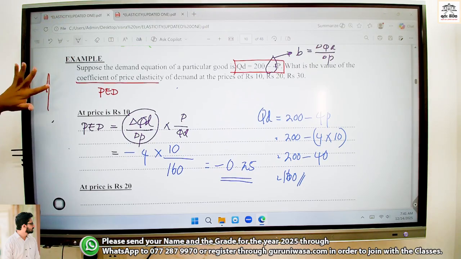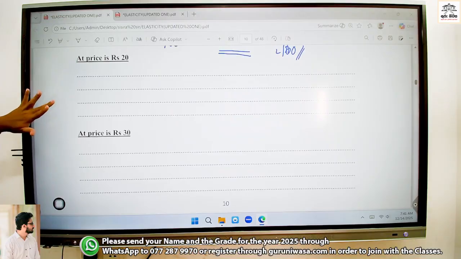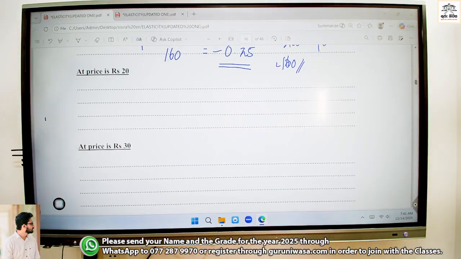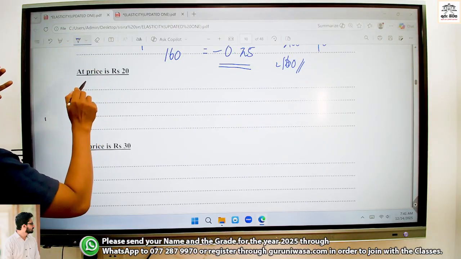Second one, PED at price 20. Same equation. The equation doesn't change.